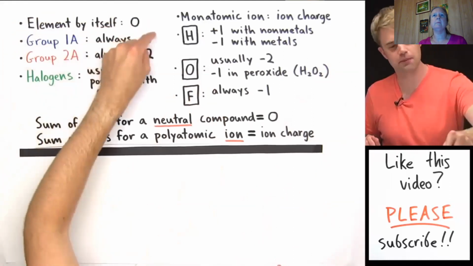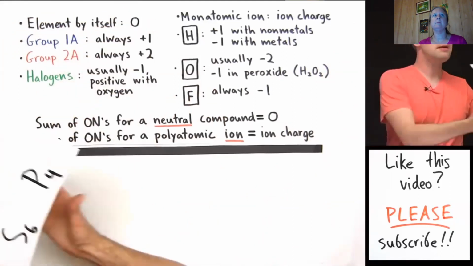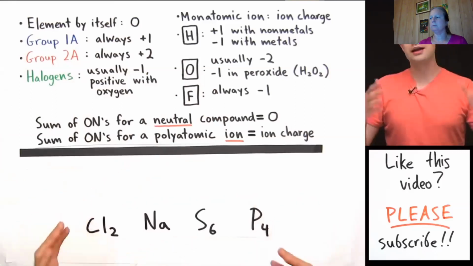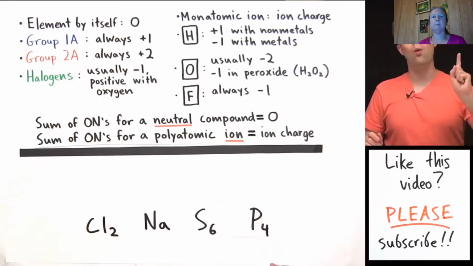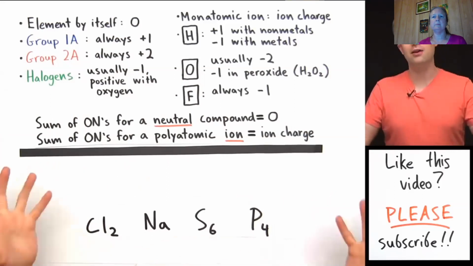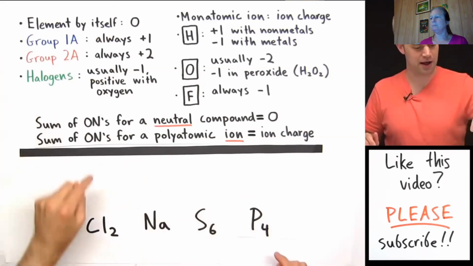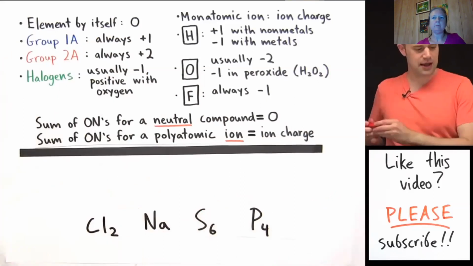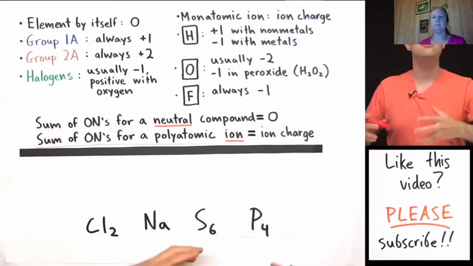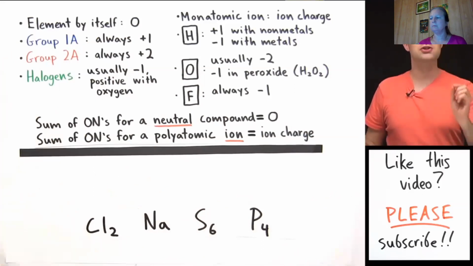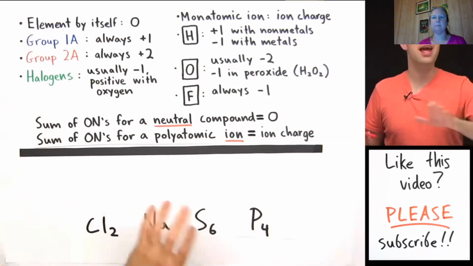oxidation number of 0. Here's what I mean by that. There are a lot of chemical compounds that have just one element. That element is not combined with any other elements. That's what I'm calling an element by itself. So that's something like Cl2. It doesn't matter how many atoms of that element you have, just as long as it's only that element and none others.